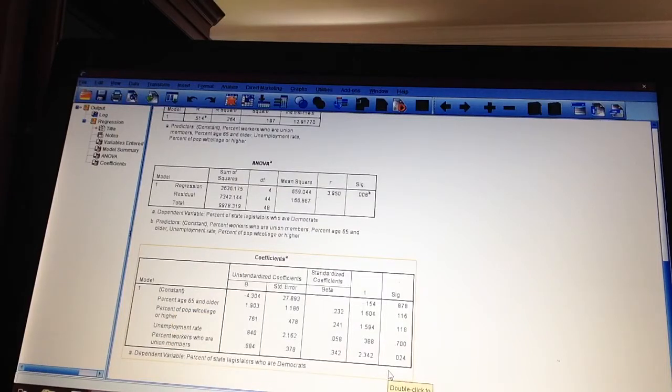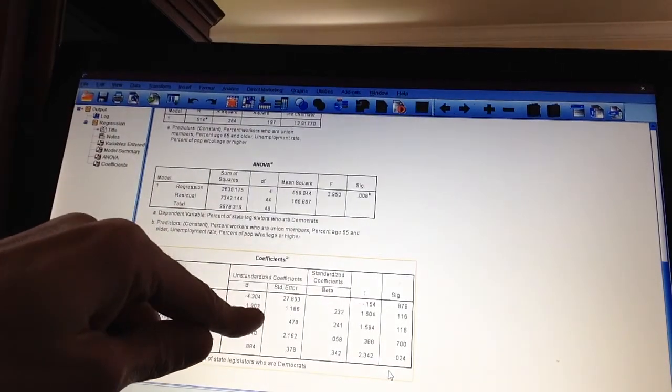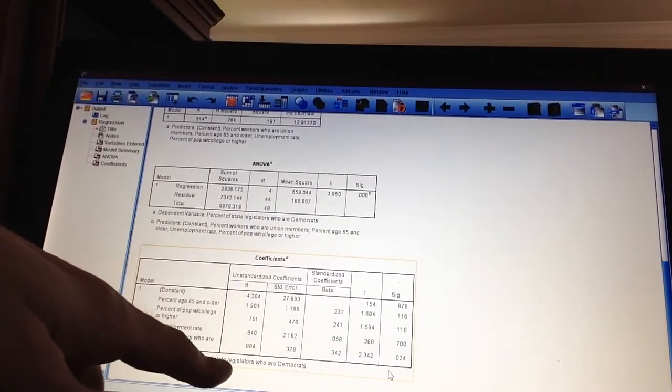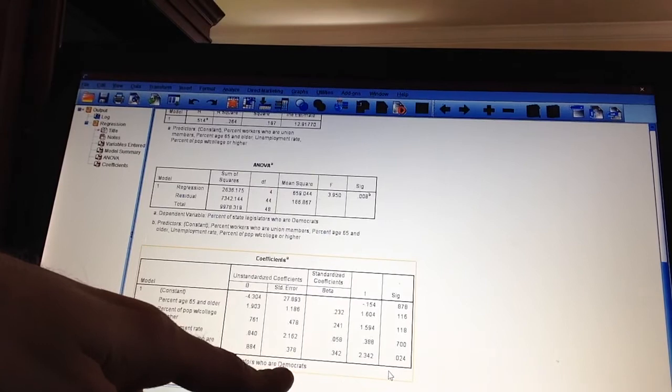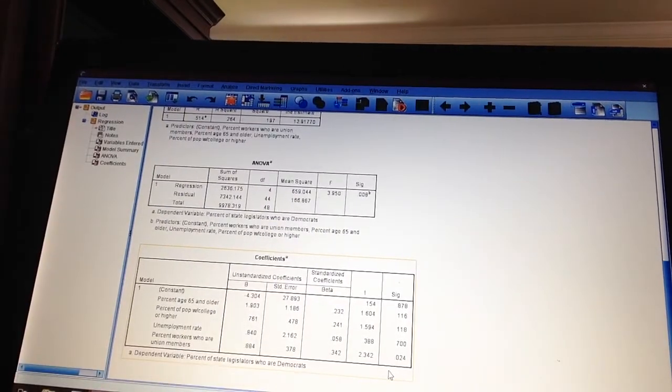So the answer to this question is just an increase of 1% in the age 65 or older population is associated with an increase of 1.903% of the state legislators who are Democrats. The effect is statistically significant. I'll say that again, okay?